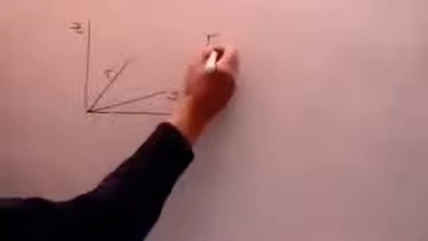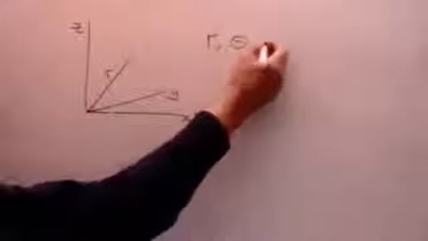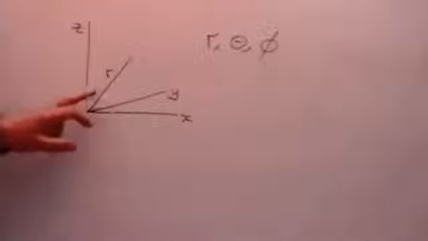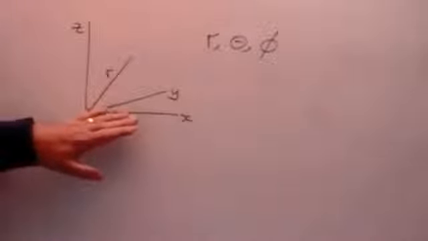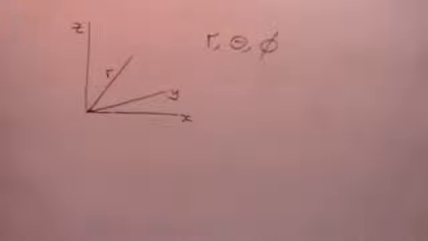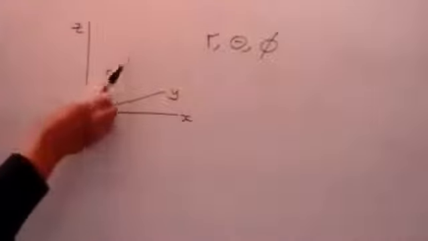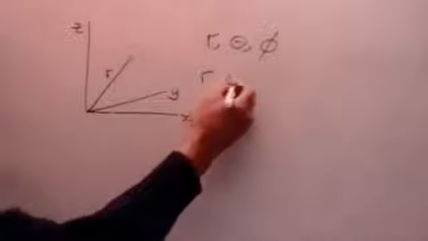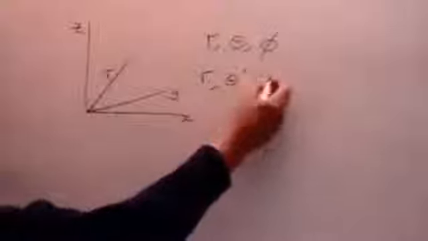And in polar coordinates, we will say that it has the polar coordinates r, theta, and phi, where theta and phi represent the angle of r against the xy plane and against the z axis. Now, if I rotate that vector, one thing that won't change is its length. If you rotate it, it stays the same length, it just points in another direction. But of course the two angles will change and become theta prime and phi prime.